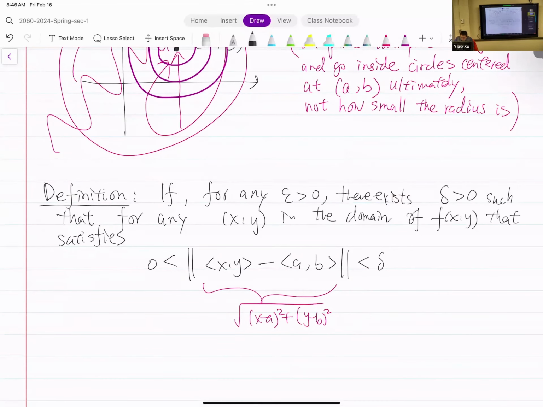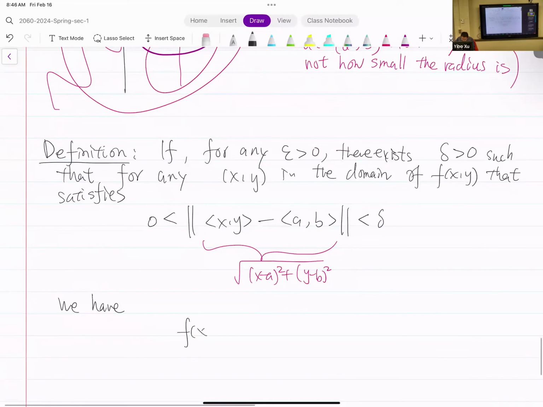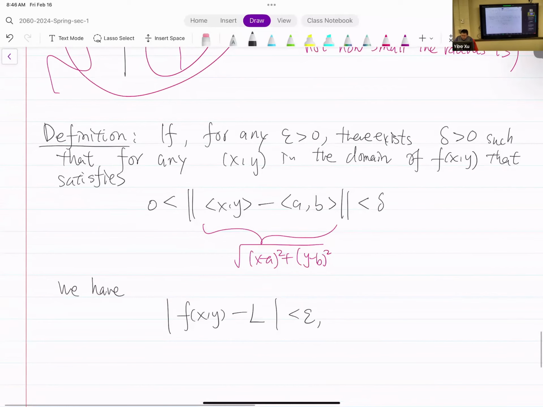So for any xy in the domain that's sufficiently close to the input point, we must have the functional value f of xy minus L less than epsilon. So that's the epsilon delta definition that we have seen.